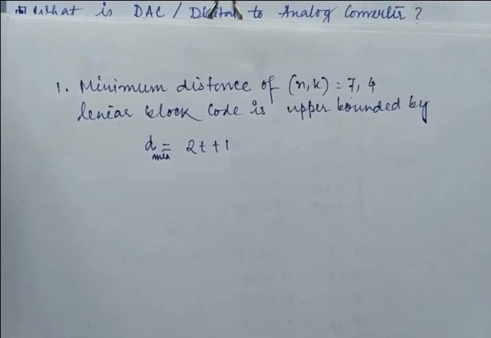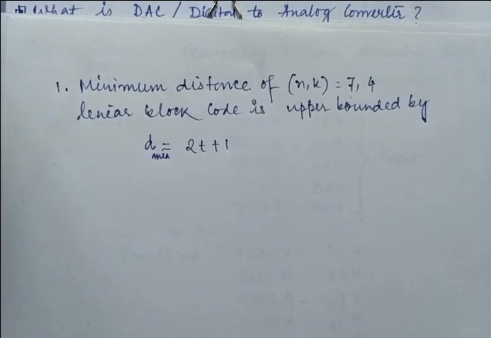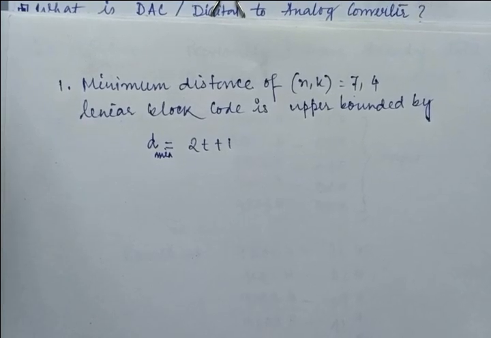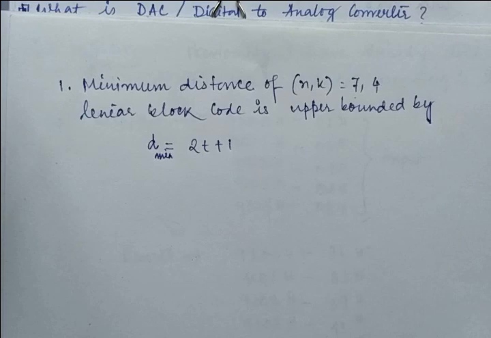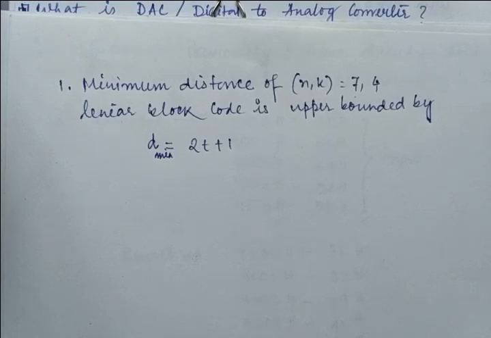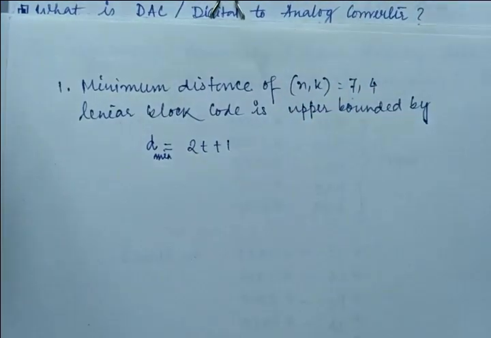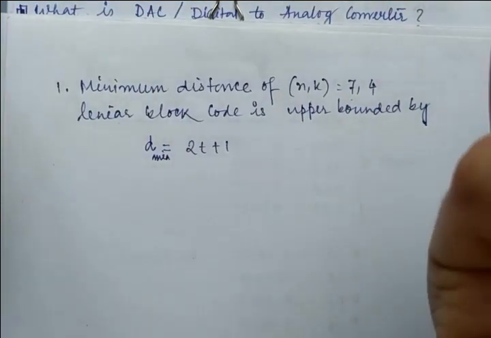So we have to use this formula, that the minimum distance is 2t plus 1. I have already taught that in the class. I will not go into detailed explanations because it is already done in my previous lectures, so please go through that. This is your minimum distance formula. And how can you calculate the minimum distance? What is the unknown parameter over here? The unknown parameter is t, right?